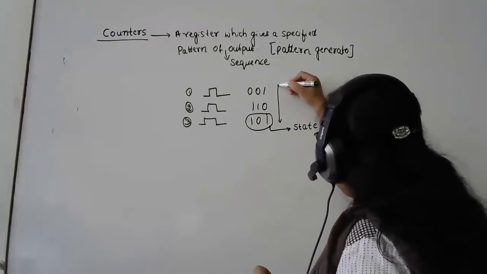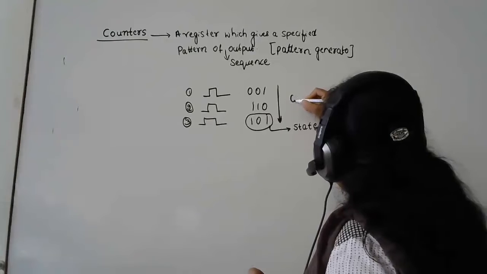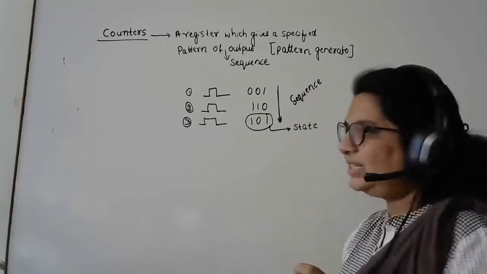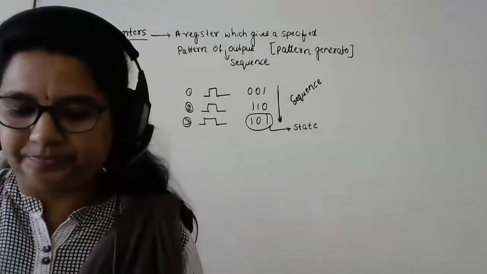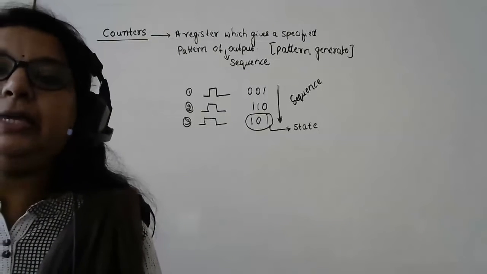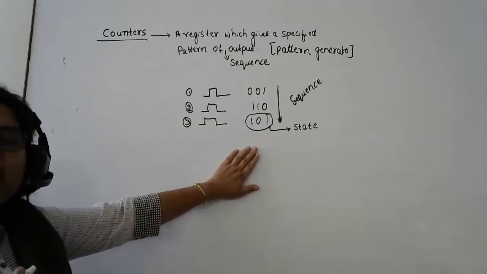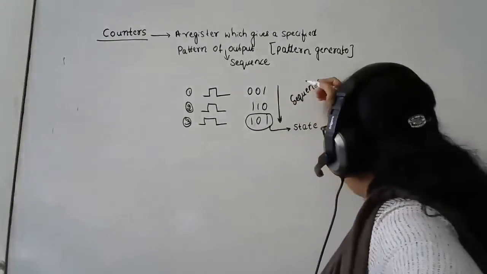And the multiple outputs that I am getting like this are called a sequence of output, right? So, if a counter is having m distinct states, then I call it an m modulus counter. Okay, so what is this? This is a counting sequence.